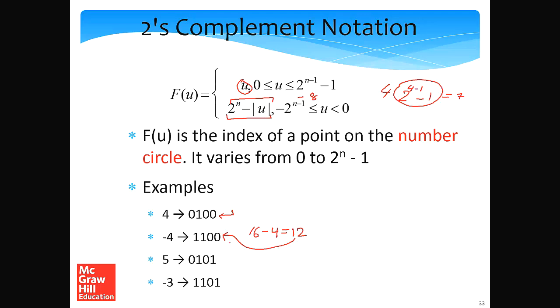Similarly, for plus 5, we represent this as a regular unsigned binary integer, which is 0, 1, 0, 1. And for minus 3, it's very simple. We take a look at the formula over here, and its representation will be 16 minus the absolute value of 3, which is 13. And 13 is 8 plus 4 plus 1, which is 12 plus 1 equals 13.